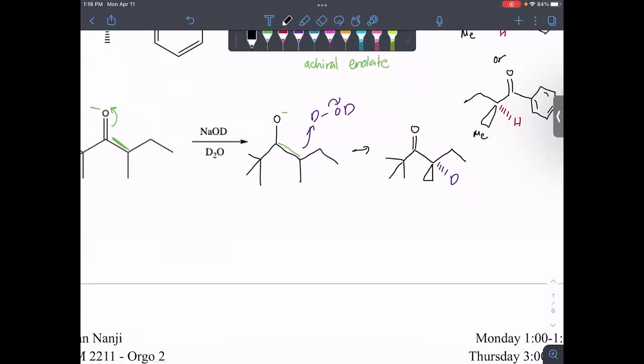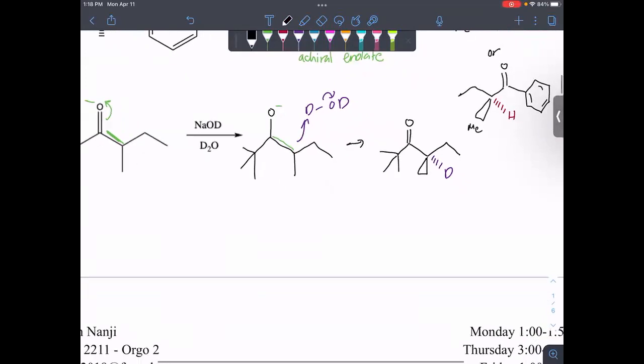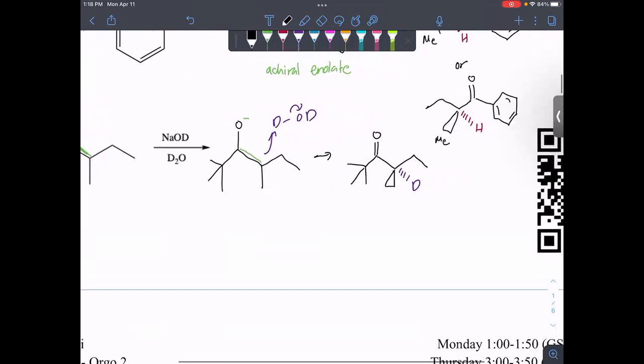The deuterium can attach from either the front or back. In this case, it came from the back because it's dashed. Then you can also make it wedged. Doesn't matter, just a racemic mixture of both chiralities.